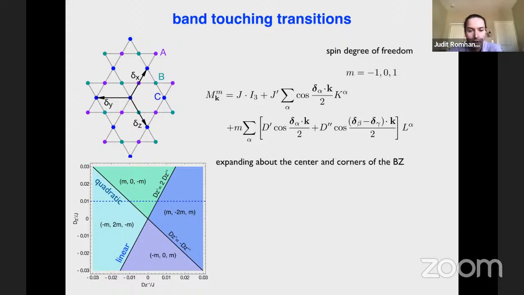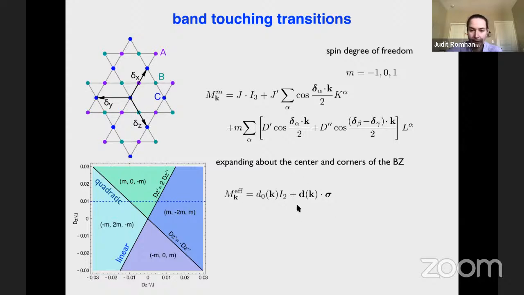And if we wanted to characterize this quadratic and linear band touching transition, then we can expand the model around these touching points and come up with an effective Hamiltonian that looks very similar to this generic Dirac model that we usually discuss, that only contains these 2 bands. So now we have just the Pauli matrices that correspond to these 2 bands that are touching at the gamma point or the K point.